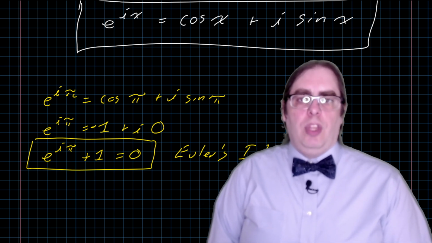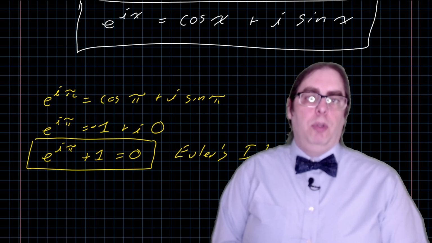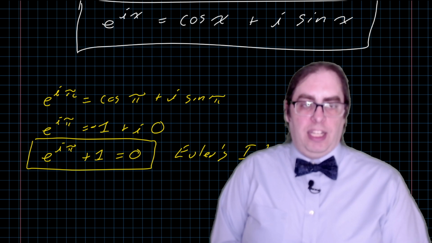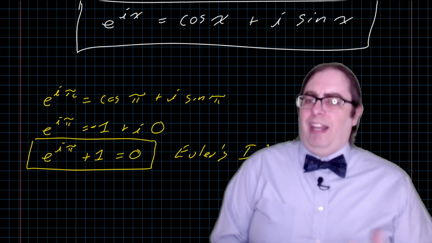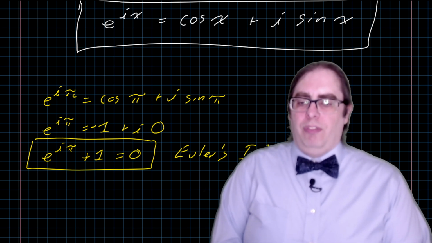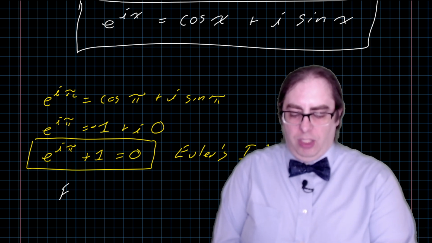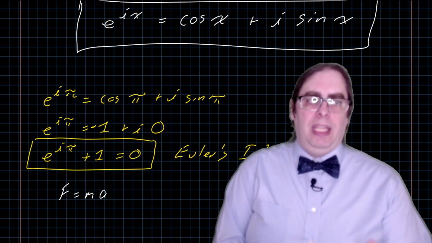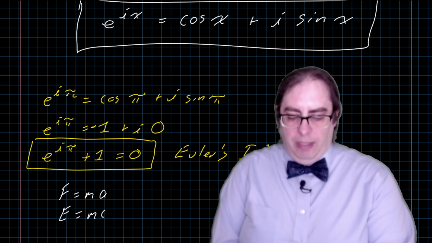In the year 2000, there was a poll among mathematicians and physicists to name the most beautiful equation ever written. This came in second. Other entries on the list, I wasn't able to find it when I was recording this video, so I'm not sure what order they were in. But we had things like Newton's second law, F equals ma. We had Einstein's equation, E equals mc squared.